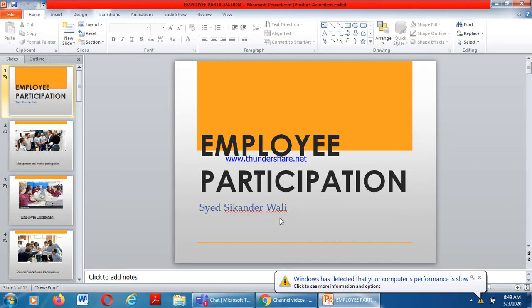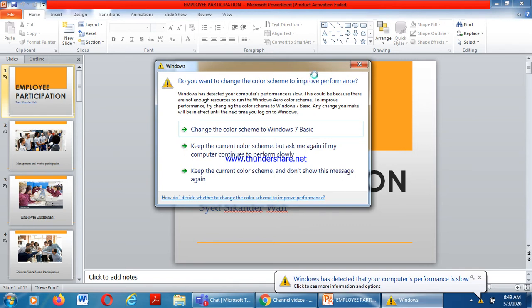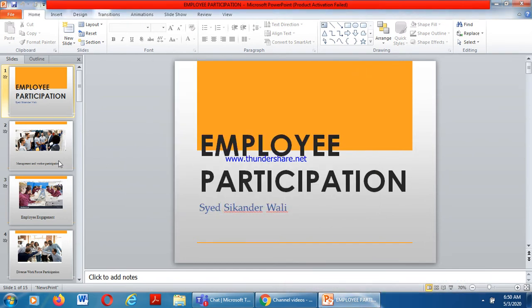The fifth thing is that it will create trust between the top management and the lower management, which is very useful for the best operations of the organization, or in other words, for the effectiveness and efficiency of the organization.